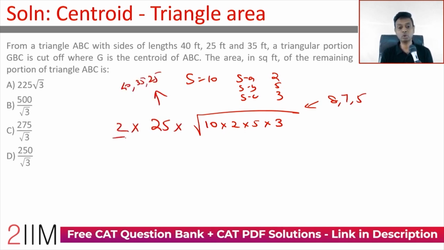This into 2 by 3, because here we are thinking about the remaining portion, not BGC, but the remaining portion. Right? Wonderful. 10 into 2 into 5 into 3. So 10 into 2 is 20, 20 into 5 is 100, or this is 10 into 10, then the root 3 remaining.